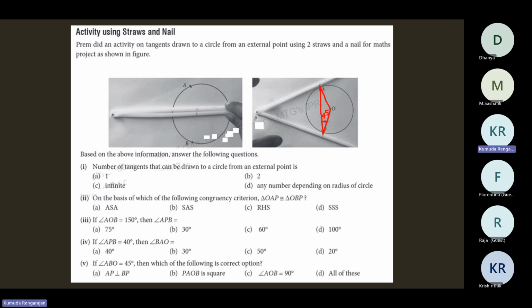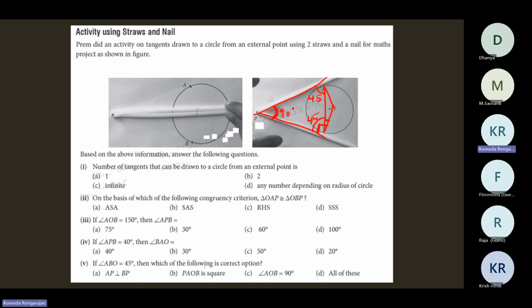Okay, so if this is 45, this will be 45. If this is 45, since this is 90, this one will be 45. So then this is 90. This is a different situation, not in this figure. So this one is 90, this one is 90. So AP is perpendicular to BP because it's 90.